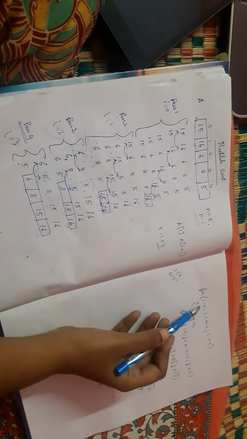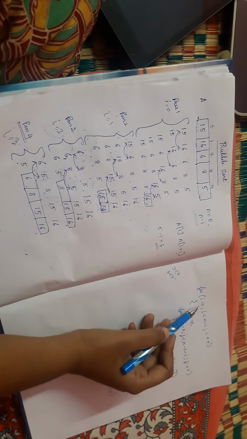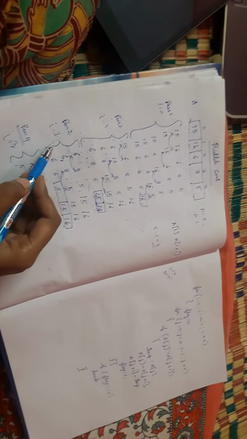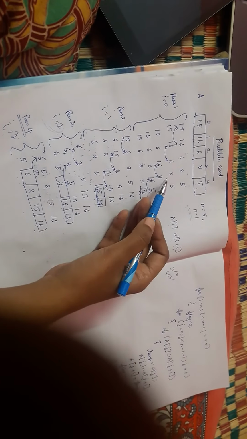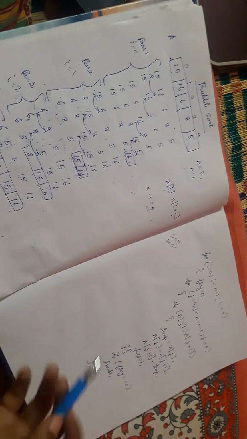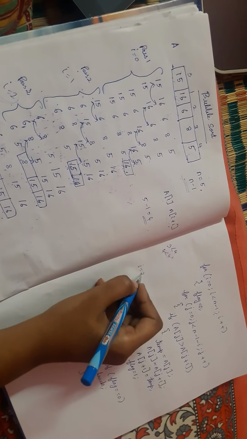You may also check on your own by trying 0, 1, 2, 3 and 4. I will check i is equal to 2 and explain this, and if you need it, I will explain 0, 1 and 3 also later. So first I will check with i is equal to 2.